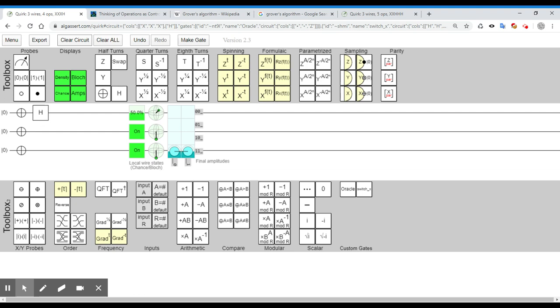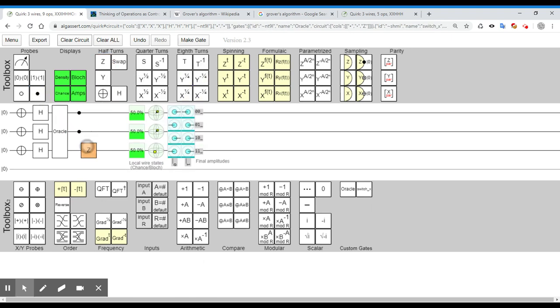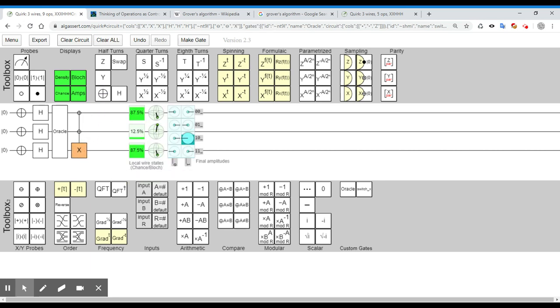So I've got these things. Good. Then I apply my oracle, and then I apply the control, this thing X.